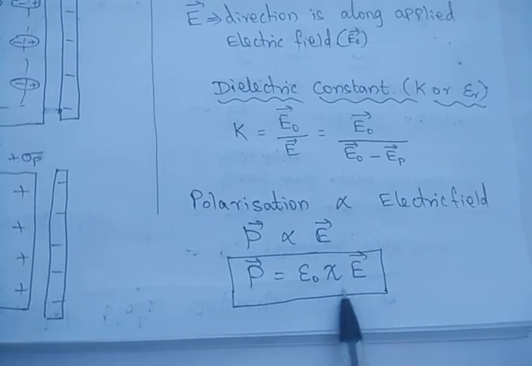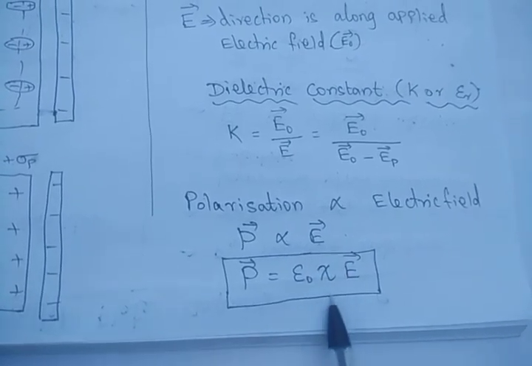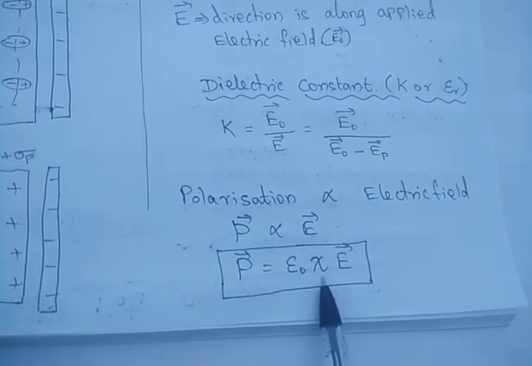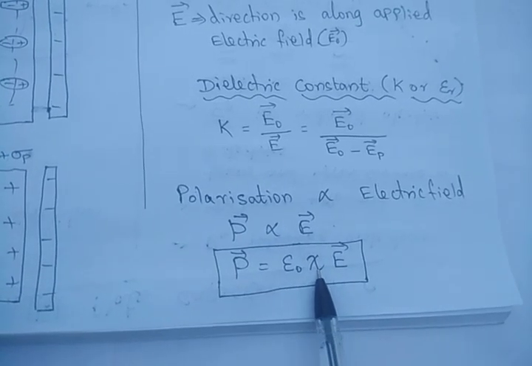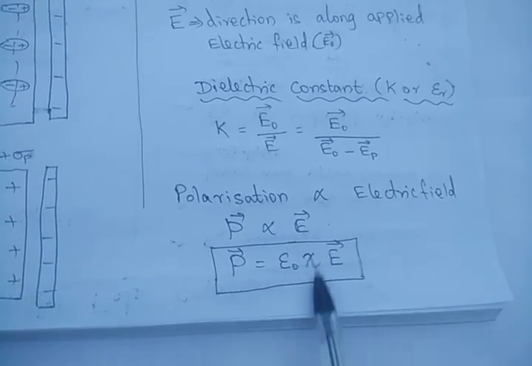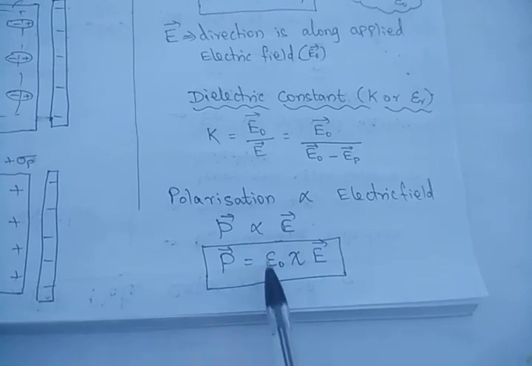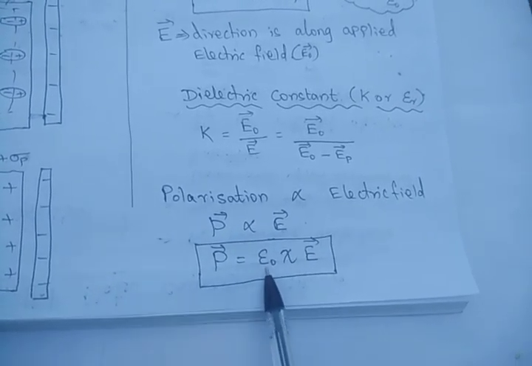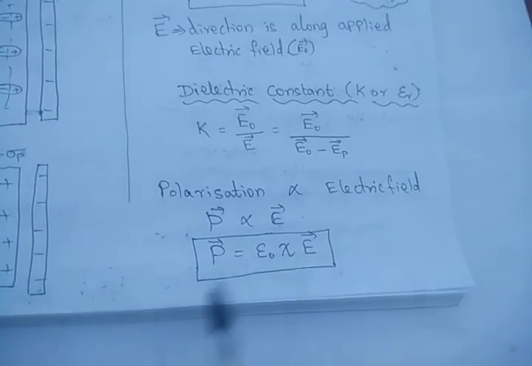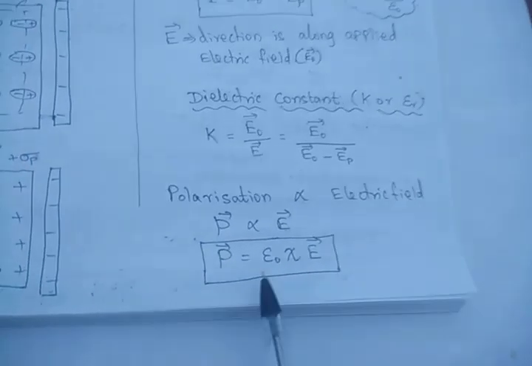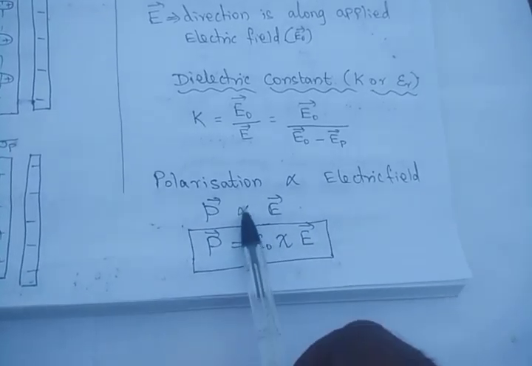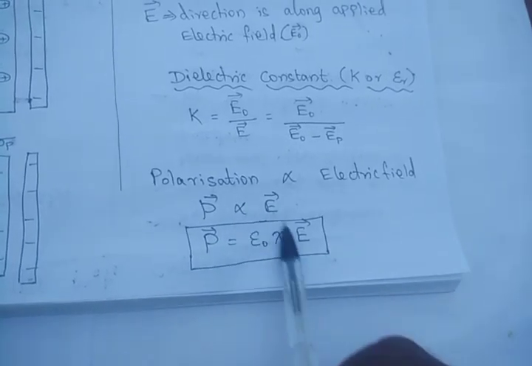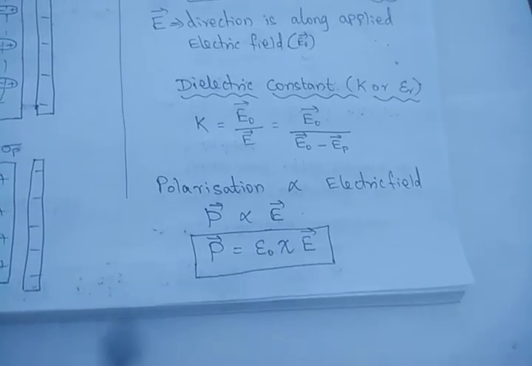This is the electric susceptibility, a new constant, which also represents the electrical nature of the material. And what is epsilon? Permittivity physically means that it permits the electric field lines to pass through it. Both are constants, so to remove the proportionality we put in the two constants, epsilon naught into psi.